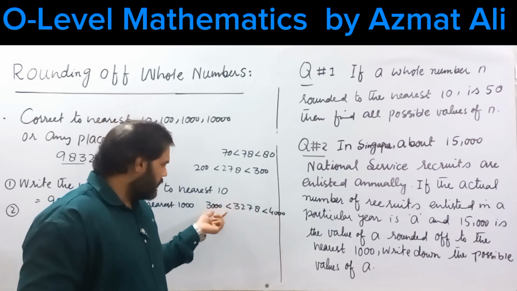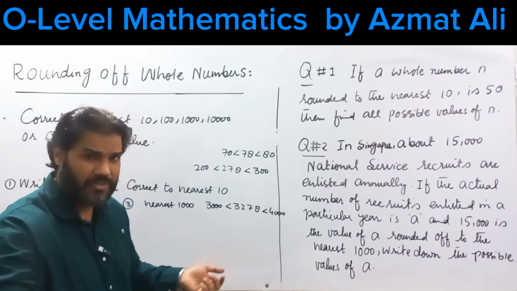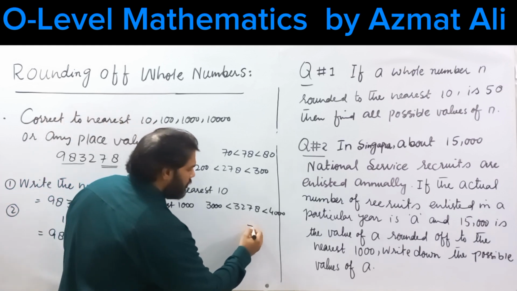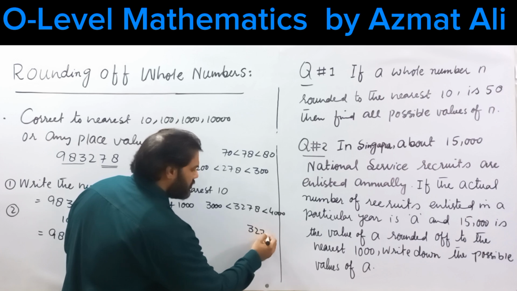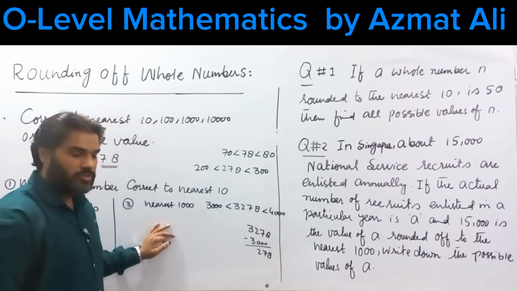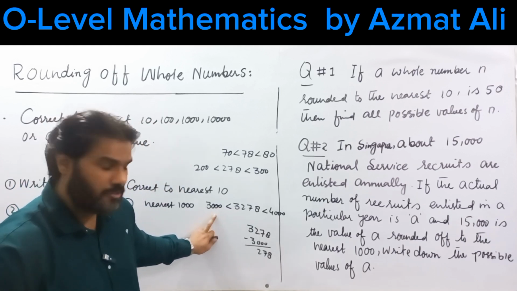The distance of 8278 from 8000 is only 278, which you can measure by subtracting: 8278 minus 8000, your answer will be 278. This shows that this number is 278 units away from 8000.